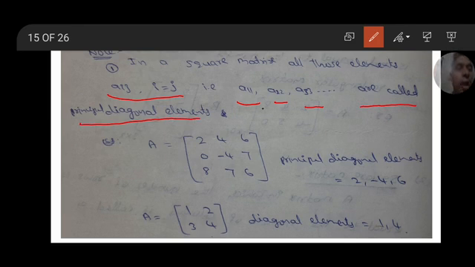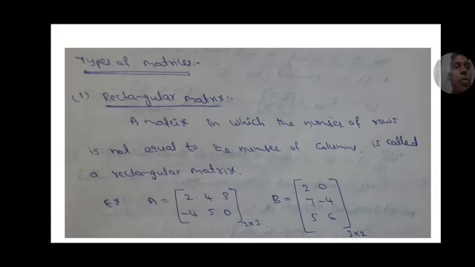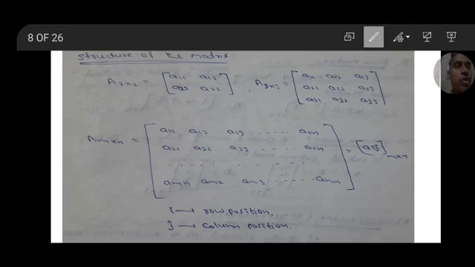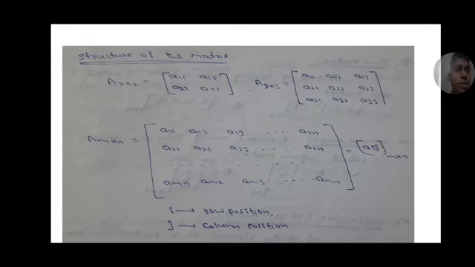For example, in a 2 by 2 matrix and in a 3 by 3 matrix general form, it is a square matrix, that is a11, a22. These elements are called principal diagonal elements. In 3 by 3, a11, a22, a33 are called principal diagonal elements or diagonal elements. Okay. Let us see the examples.